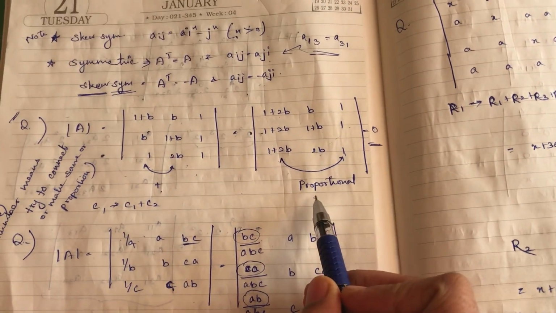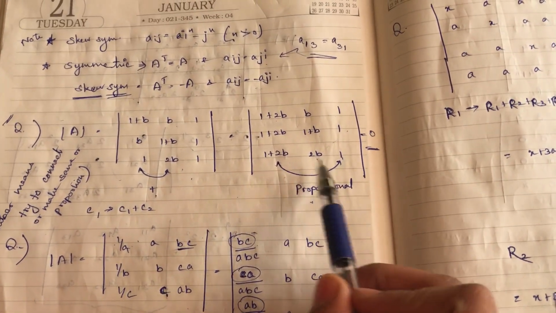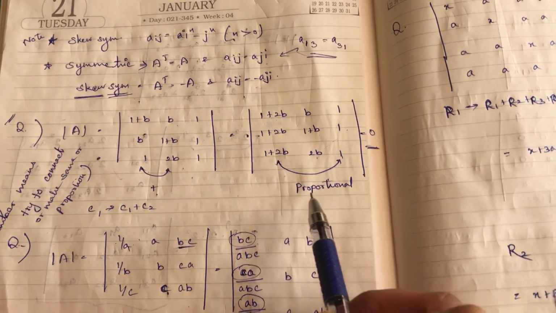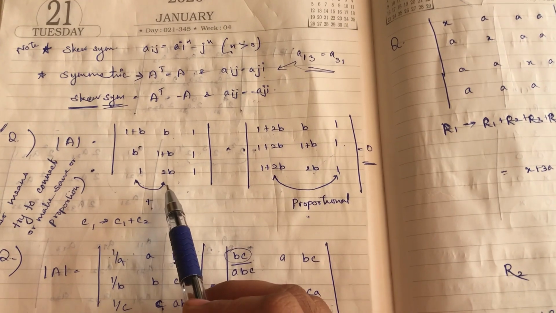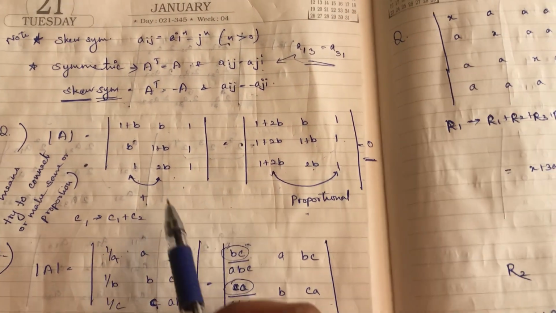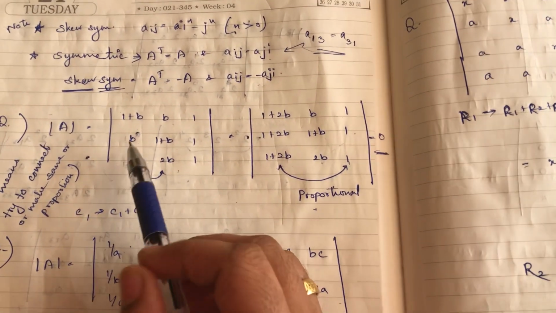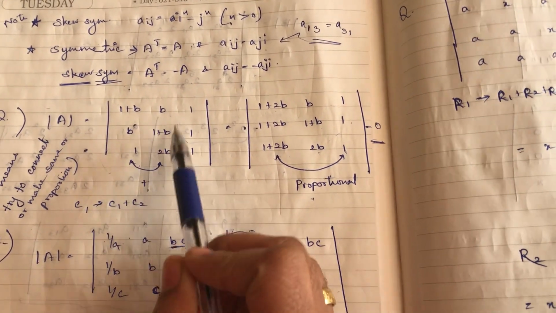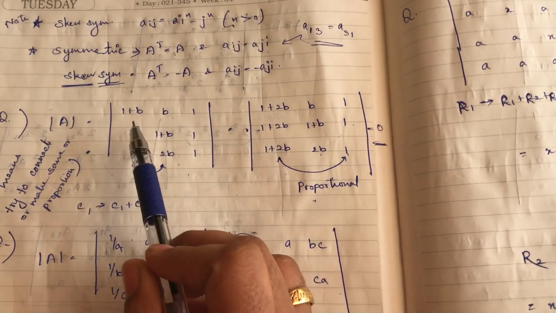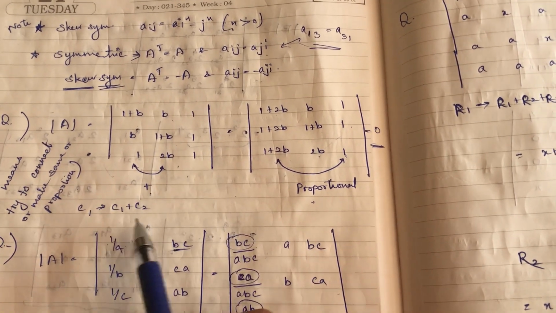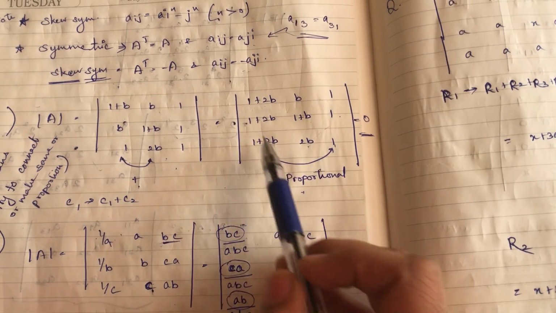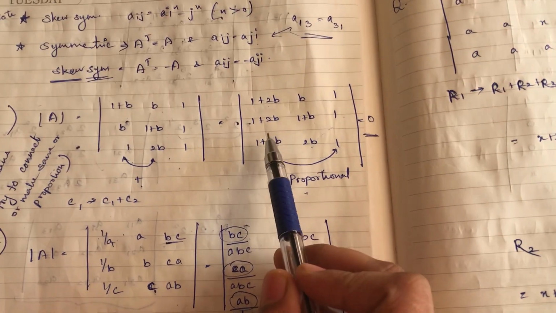We have already seen that if two rows or two columns in a matrix are proportional or the same, the determinant value will be 0, right? So here we just add column 1 and column 2, and we get 1 plus 2b, 1 plus 2b, 1 plus 2b.